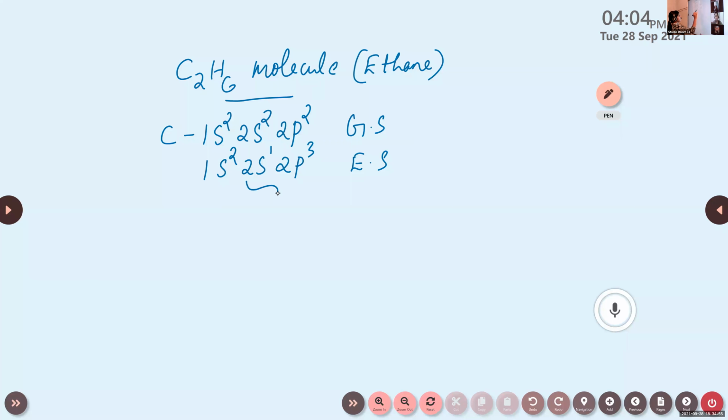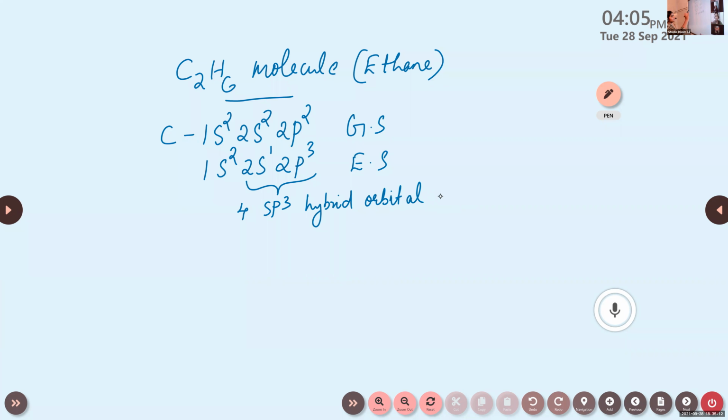So this s orbital and 3 p orbitals combine together to form 4 sp3 hybrid orbitals.